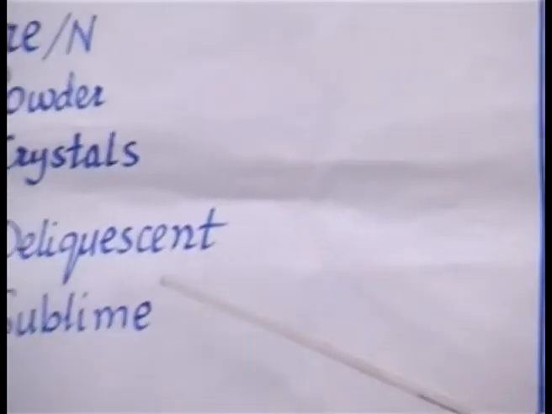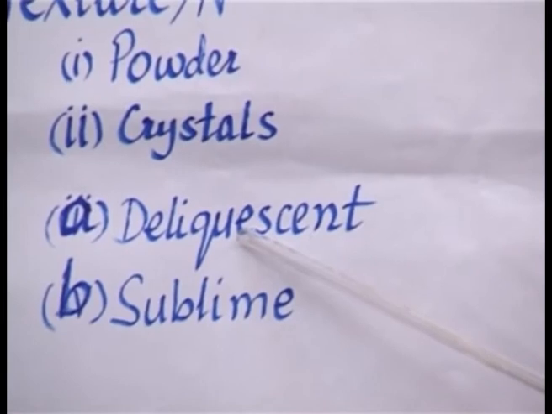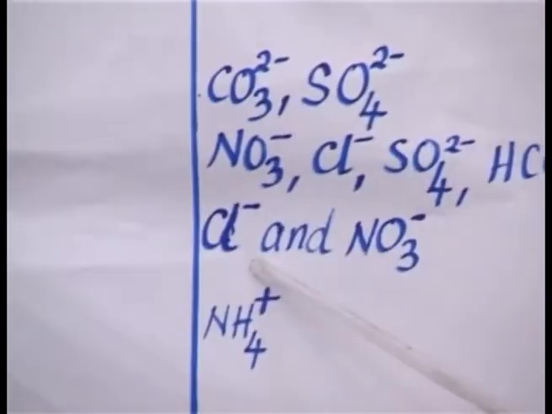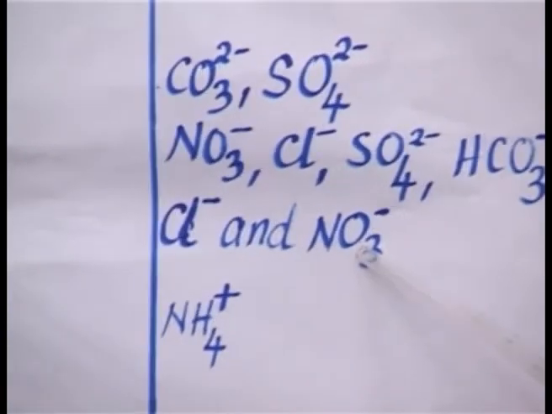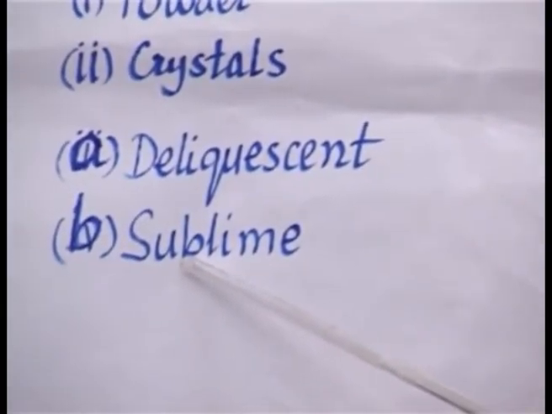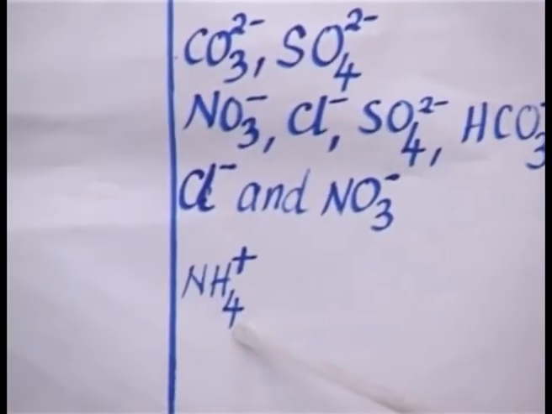If the salt is deliquescent, then it infers that the salt is either chloride salt or nitrate salt. And if the salt sublimes, then it infers that the salt is ammonium salt.